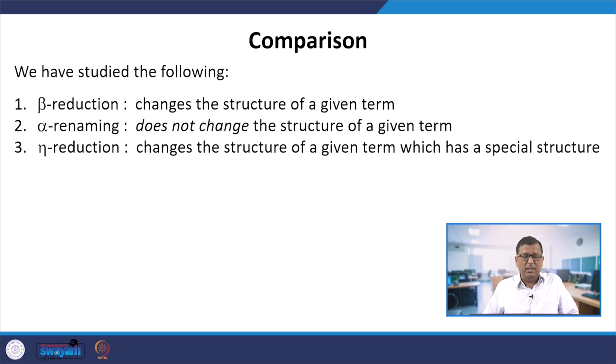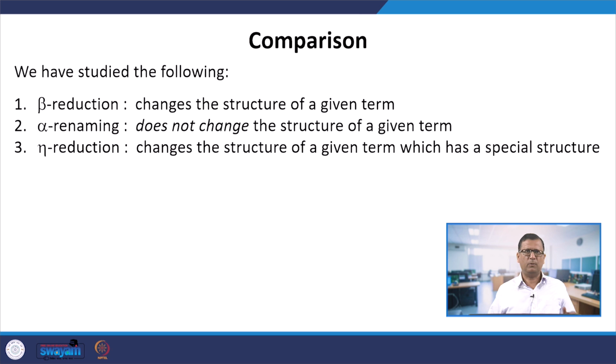Alpha renaming, in contrast to beta and eta, is quite different. Alpha renaming says that we are just renaming the bound variables, but that will not create any change in the meaning of the term. So the structure of the term remains the same. This is the idea about alpha, beta and eta.